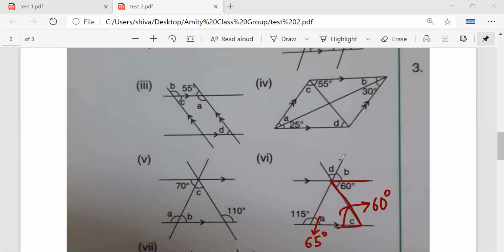Mr. Satya. So to find B, we need to subtract 180 by 60. Okay. Why? Because there is a straight line also, and then... Oh, no, sir, one second.